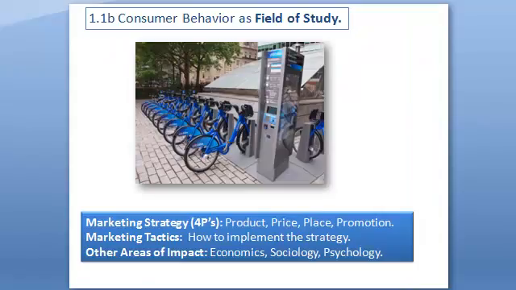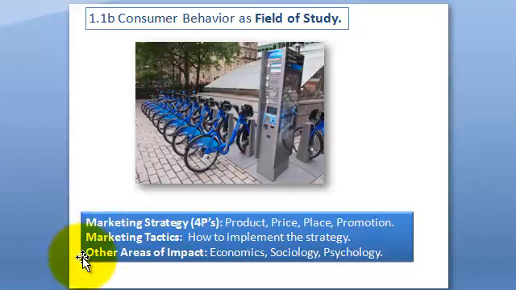The second type of study is we can study consumer behavior as a field of study, because how consumers feel and what consumers think is going to have a big impact on our marketing strategy. It's going to have a big impact on the marketing tactics we choose, which are simply how we implement the strategy.